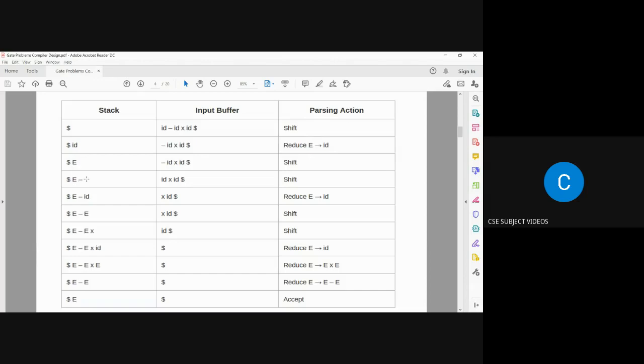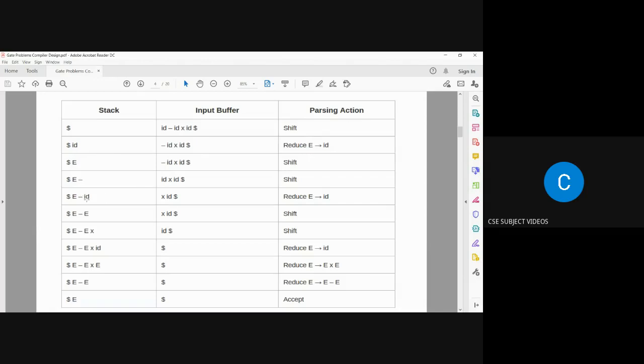Okay, next we again have to shift the next input symbol from the input buffer to the top of the stack. Now this id is shifted to the top of the stack. Now the stack is dollar E minus id.